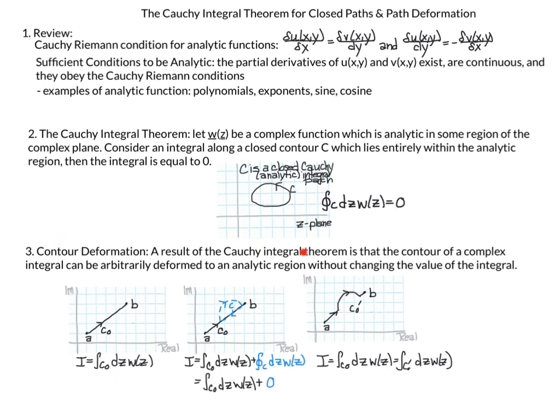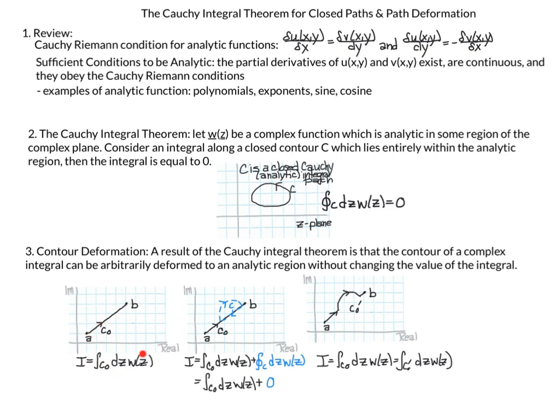So a result of the Cauchy integral theorem is that the contour of a complex integral can be arbitrarily deformed to an analytic or inside an analytic region without changing the value of the integral. So for example, if we're integrating from a to b on this line integral, let's call that line or curve c naught.